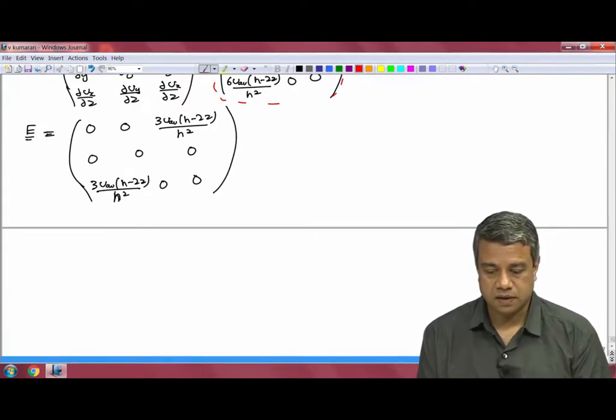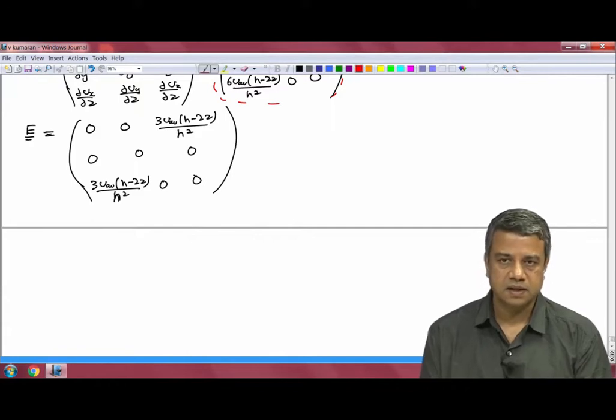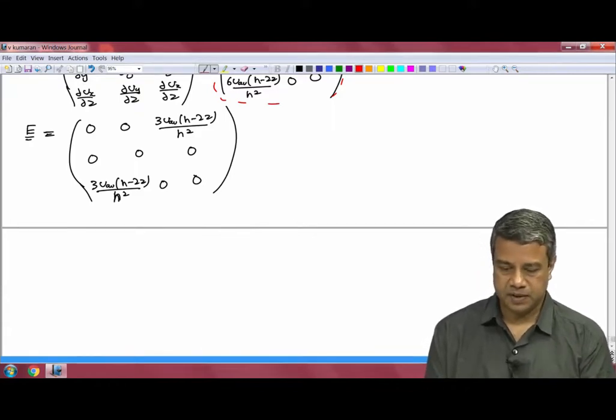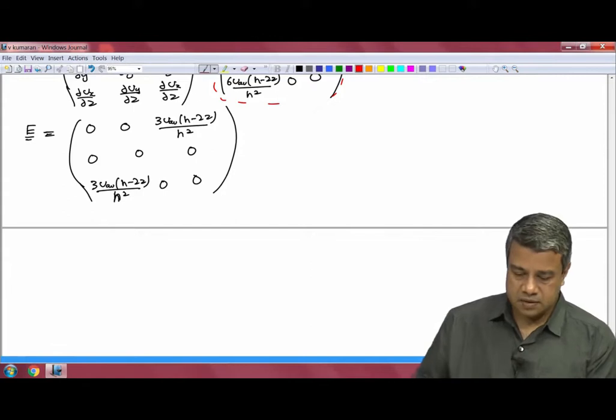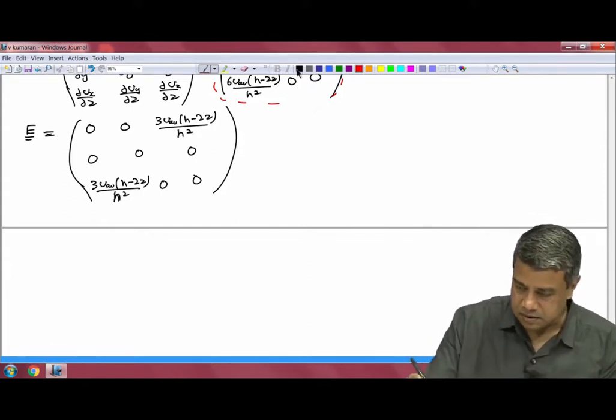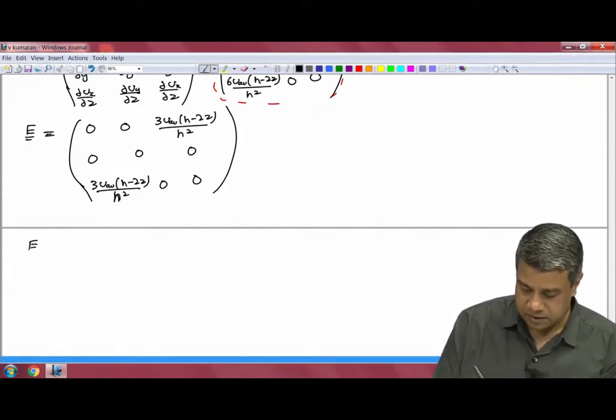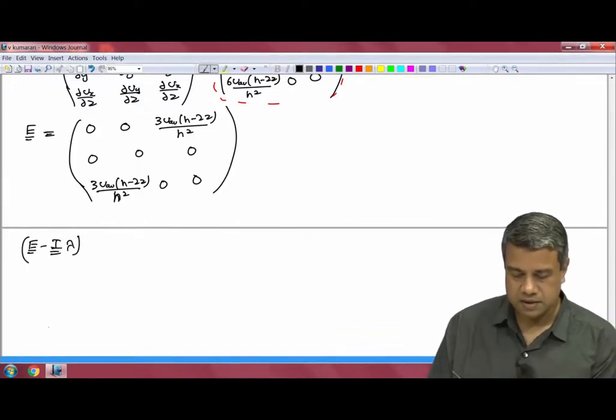In order to determine what kind of strain it is, we have to determine the eigenvalues and the eigenvectors. So, the eigenvalues are determined from the auxiliary equation, determinant of the matrix minus I lambda, where lambda is the eigenvalue.